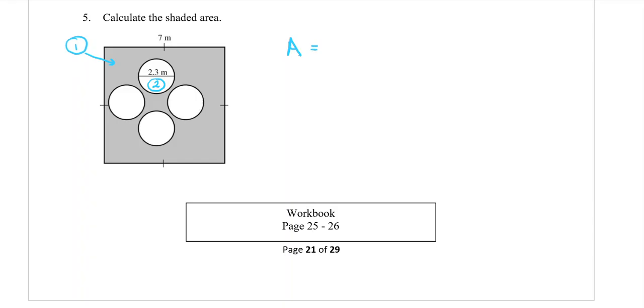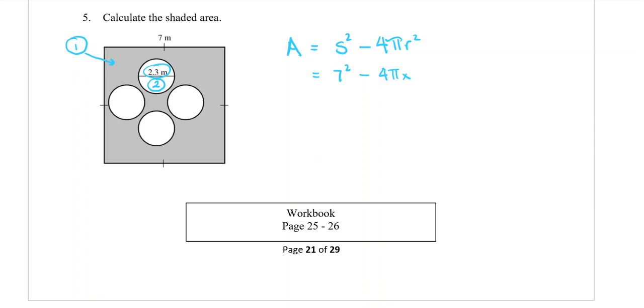So this is my formula. A for area equals the area of a square, which is s squared, minus the area of 4 circles. So one circle would be pi r squared. So 4 circles just means I want to times all of that by 4. Okay, let's sub into our formula. The side of my square is 7, so 7 squared minus 4 pi times the radius of my circle.